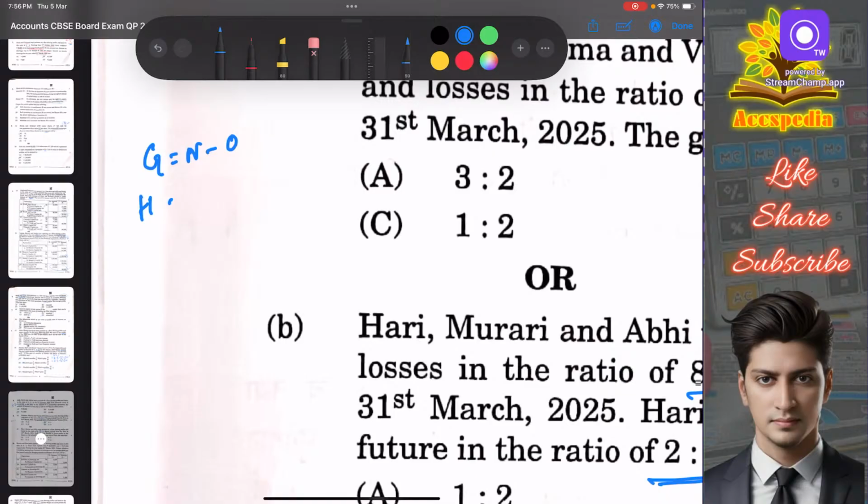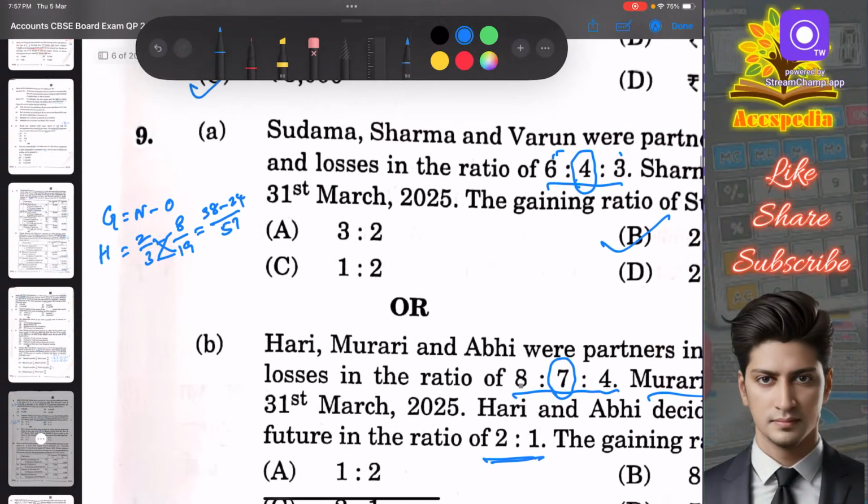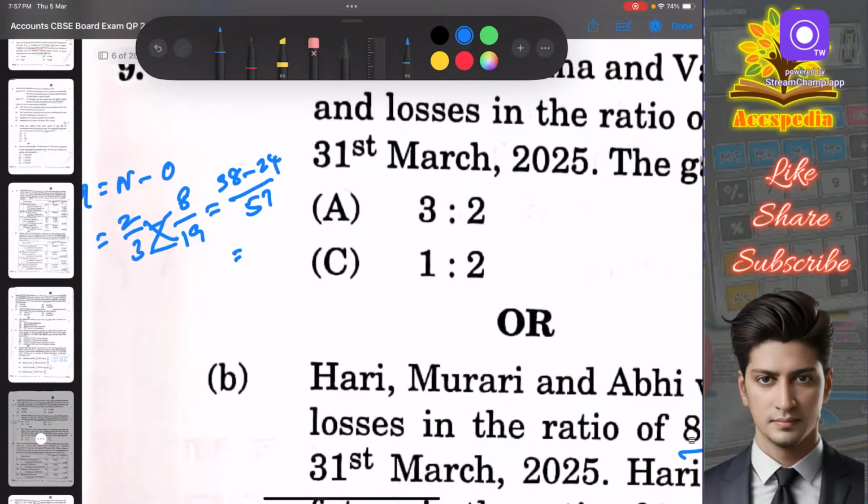So Hari's new share is 2:1, so 2/3, minus Hari's old share is 8 out of total 19. So here we have to do cross multiplication. 19 into 3 is 57, and then this is 38 minus 24. So the answer is 15/57.